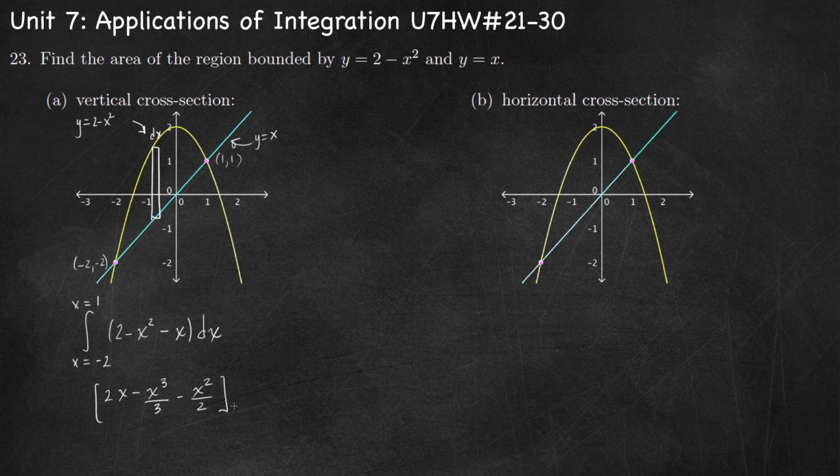And we're going to evaluate from -2 to 1. So at x equals 1, we get 2 minus 1/3 minus 1/2, minus at -2, we get -4 plus 8 over 3 minus 4 over 2, or just -2.